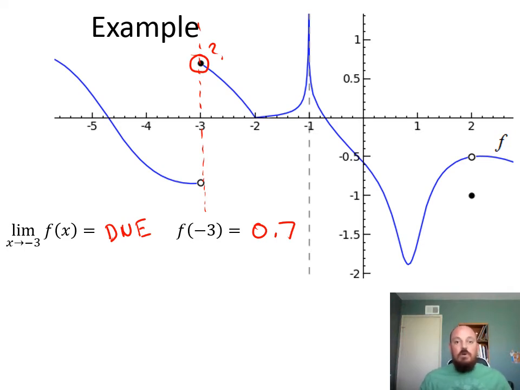Okay, let's do the same question for a couple more x values. So now I'm going to do positive 2. And again, I asked you the same two questions. What is the limit as x approaches 2? That's one question. And then what is f of 2? So let's go over to positive 2 and draw in our vertical line again.